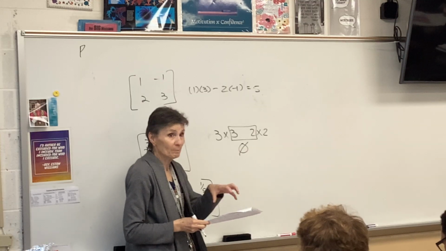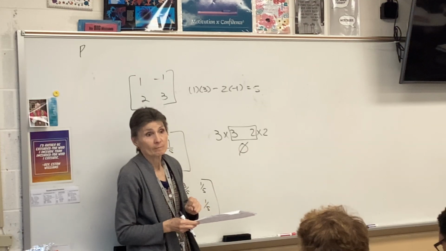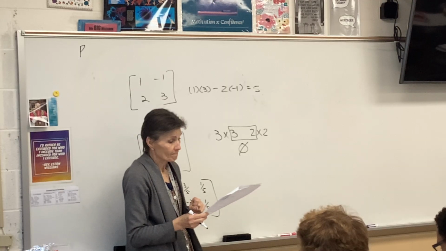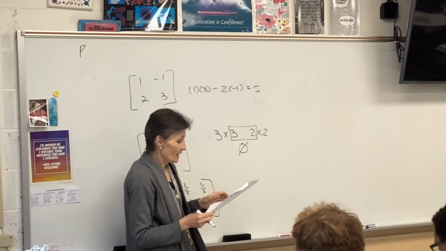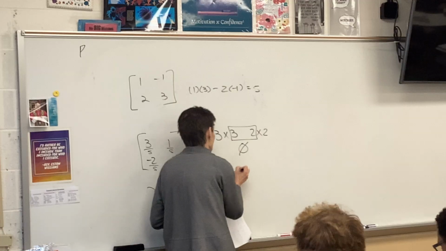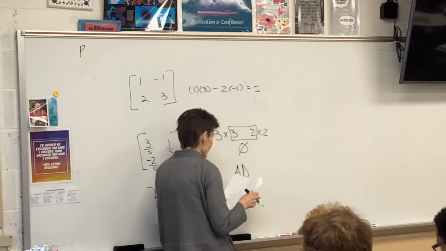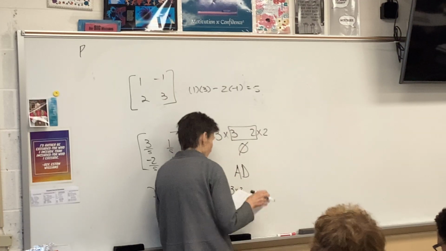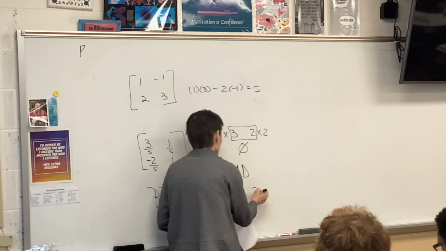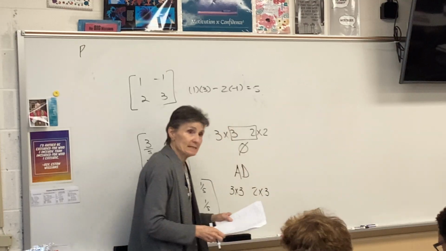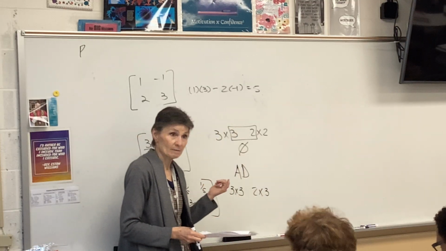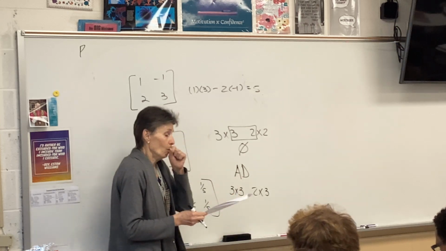There are some problems that you cannot do. For D, if it was A times D, would we be able to do it then? A times D instead of D times A? Well, what are the dimensions of A? 3 by 3. And D is 2 by 3, so no, not multipliable. AD wouldn't be multipliable, but DA is.